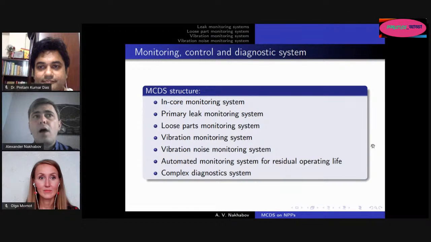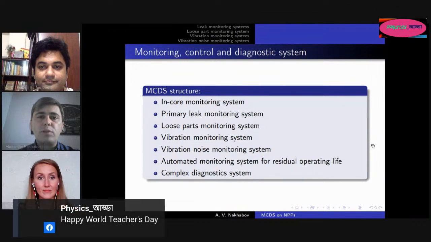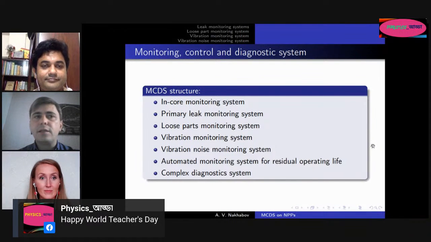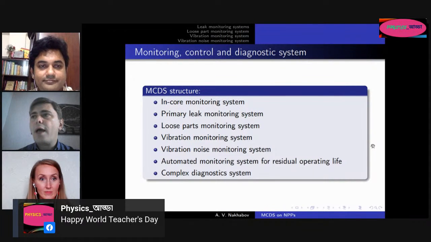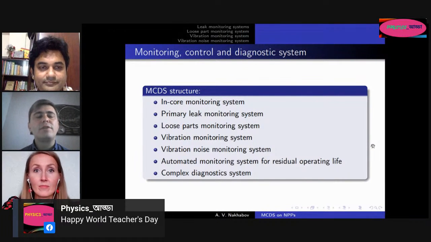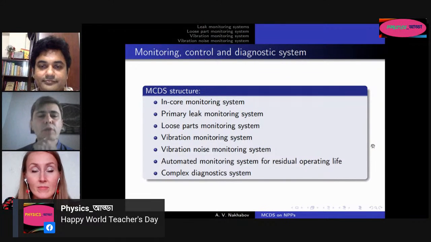We are very concerned about possible defects in the metal of pipelines and equipment, such as cracks, different discontinuities in material, or some leakage, high vibrations, and many other abnormal situations.